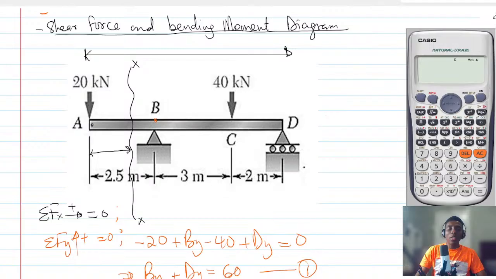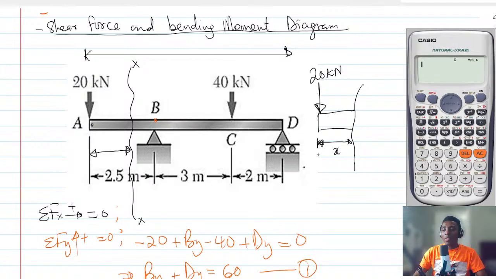Now from here to here, let's call that distance X. Now after cutting, you will get something like this. Let's say you have this as X, and then you have your 20 kilonewton here. So this distance here, let's call it X.